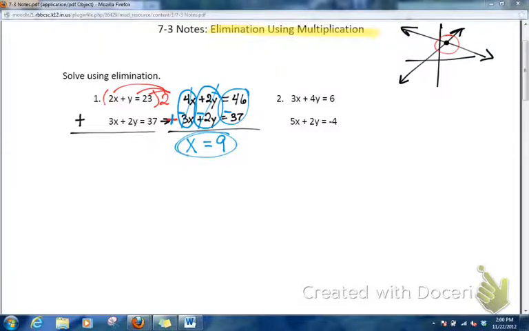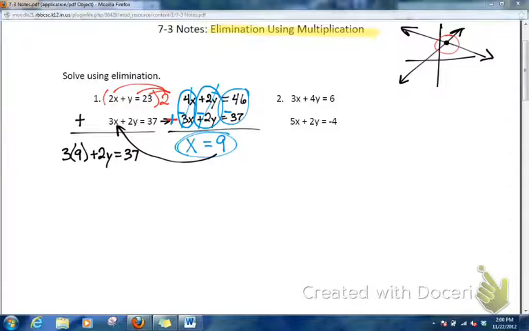And then again, to find your second answer, or to find out what your y is, you plug that 9 into either of these two equations in place of the x value. I'm going to use the bottom equation right now since it's just right there, and my bottom equation now says 3 times 9 plus 2y equals 37.